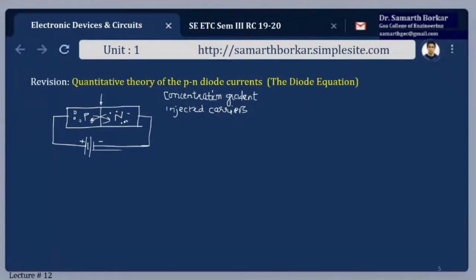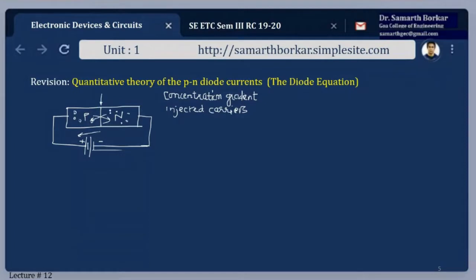Okay. Now, if you carefully look here, the concentration, or the number of electrons coming into this P region, will keep on decreasing with respect to distance from the origin. Now, why will this happen? These electrons are free carriers here.